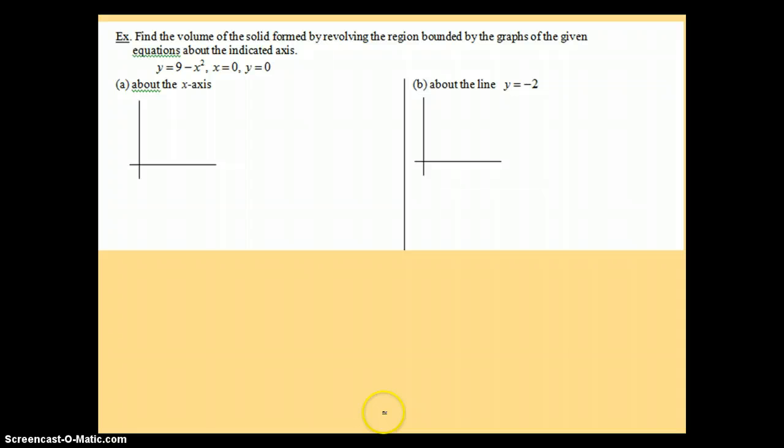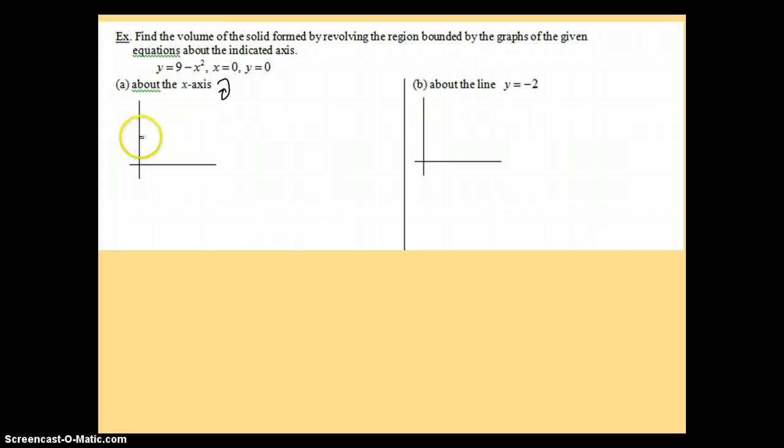So let's try some. Okay, onto the back of your sheet, you should have: find the volume of the solid formed by revolving the region bounded by the graphs of the given equations. y equals 9 minus x squared, x equals 0, and y equals 0, and we are going to go around that x-axis.